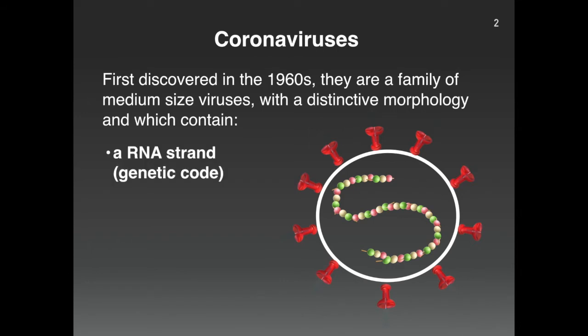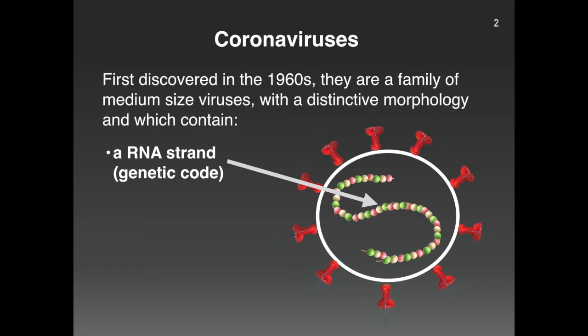So these viruses contain a RNA strand, and I'm going to explain in the next slide what is a RNA. The RNA is basically a very long, complex molecule, which contains the genetic code of the genome. And this is what you see here on this picture inside the white circle.